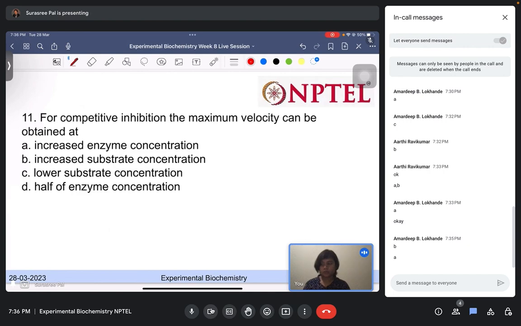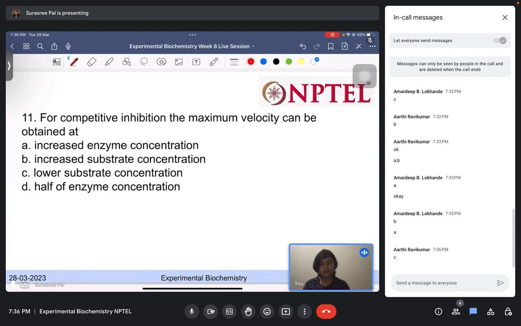Okay, in case of competitive inhibition, the substrate is competing with the inhibitor, right? There is a competition between the substrate and the inhibitor.